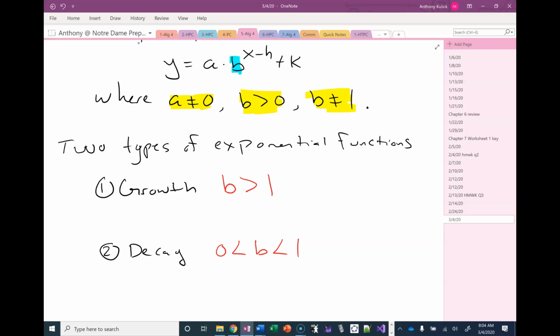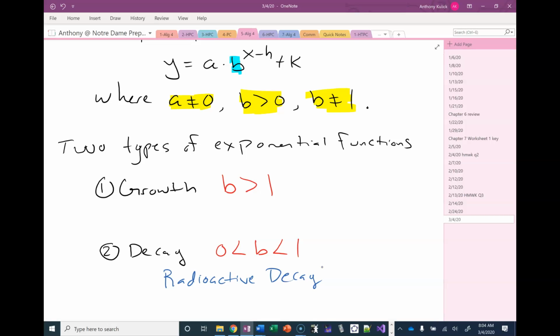Okay. Well, that's an example of a behavior that can be described with an exponential function. If you're not familiar with this, if you have an element that's radioactive, what happens is it loses part of its atomic structure, some parts of its nucleus or electrons or whatever, and turns into another element.